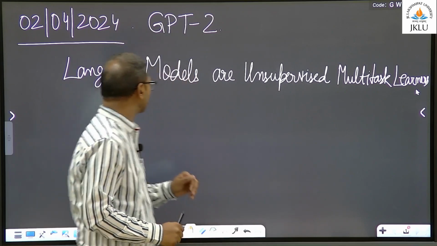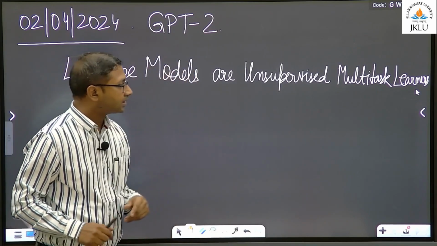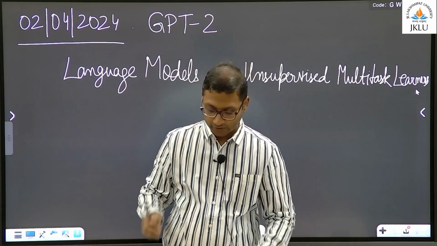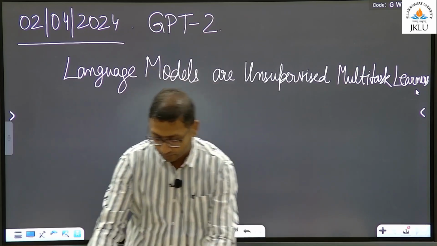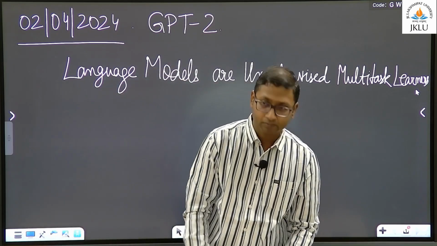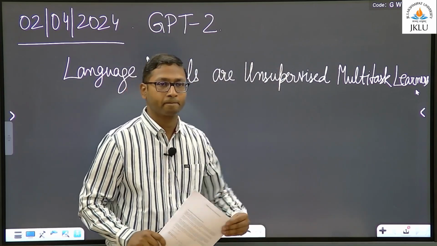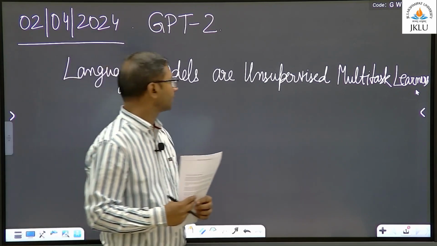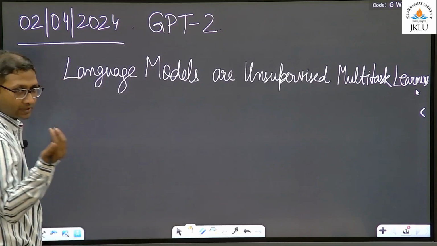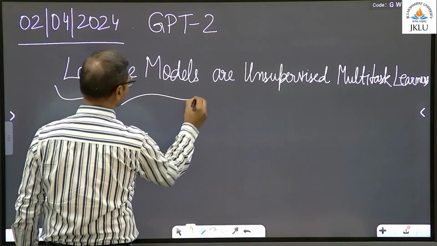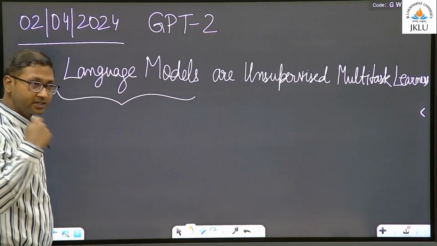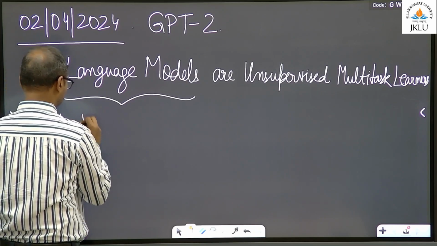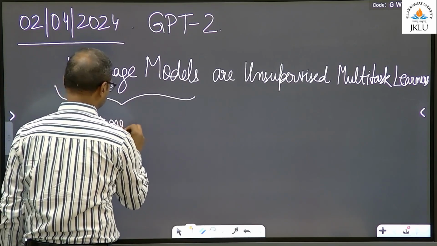Chalo, anyway. So, language models are unsupervised multitask learners. What does it mean? How do you decode this? So, right. So, first thing is it's a language model. That means we are just going to predict next word.